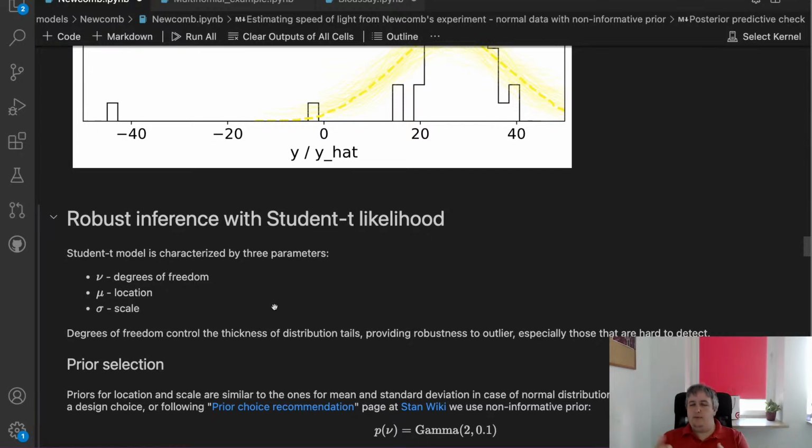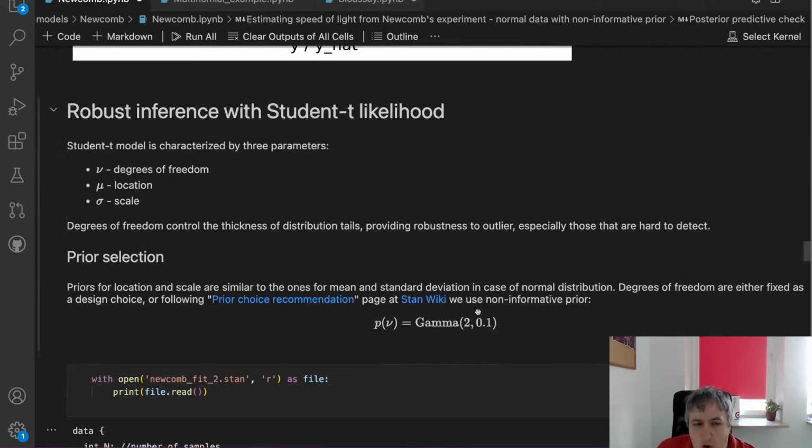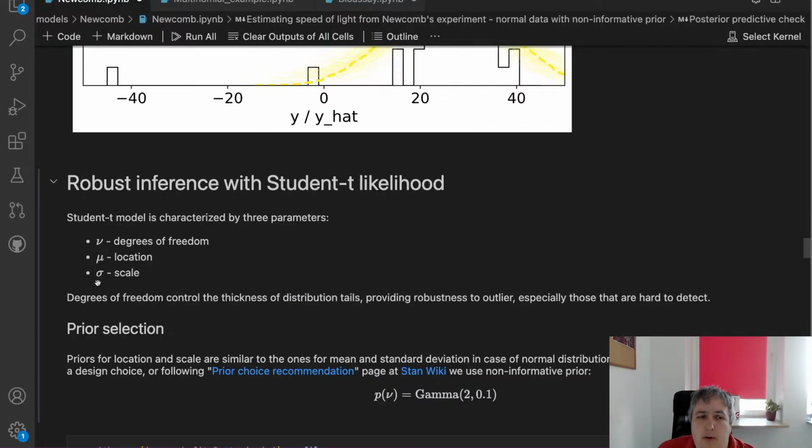We've seen examples of difficulties with sampling from the Cauchy distribution earlier, because it doesn't, for example, have a defined mean or variance. So we will, of course, try to estimate all those three parameters. We are modifying our model by changing the likelihood and adding additional parameters. And for that case, we need to assign some kind of prior for the degrees of freedom.